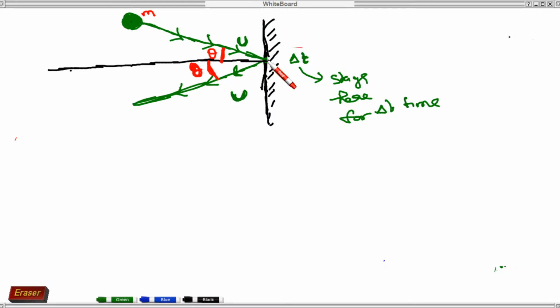It strikes this wall, stays here for delta t time, and after that it returns back at the same angle, making a theta with the normal line. So let's find out the components. I told you that a component section is there. What would be the horizontal component, what would be the vertical component? This one is theta, this one will also be theta. So if this is u, the green color line is u.